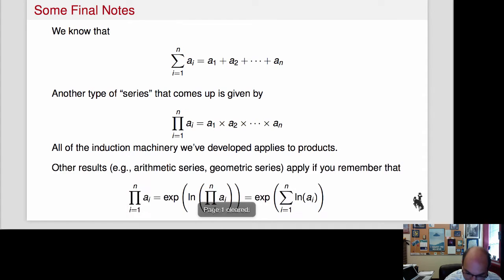Now, sometimes we can do a little bit better because we can actually take a product and take the logs of all the terms. And if you do that, then what you end up with is a sum, right? Because the log of a product is actually the sum of logs. And so I take the logs. If I can use all the results that I know about to be able to compute this, right? Maybe I can compute that.